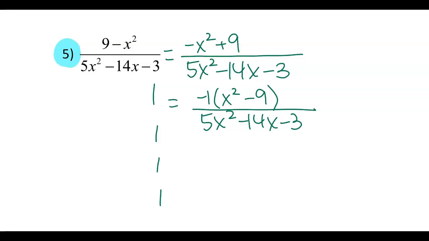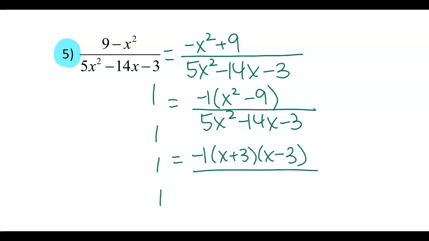For question 5, Elizabeth, when you factored it, so don't give me the final answer, but when you factored the numerator, what did that x squared minus 9 become? Okay, that's another difference of squares. And then in your denominator, what was the factored form for this? Okay, perfect.